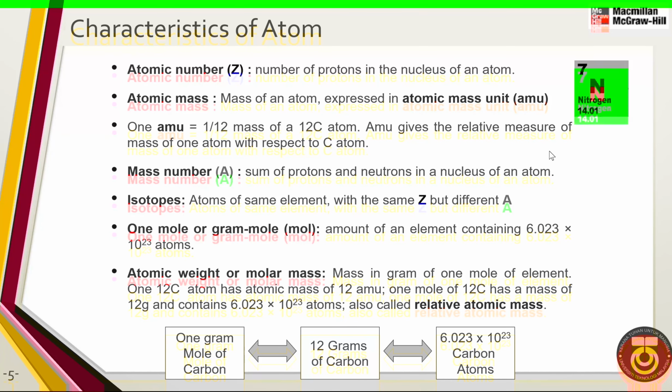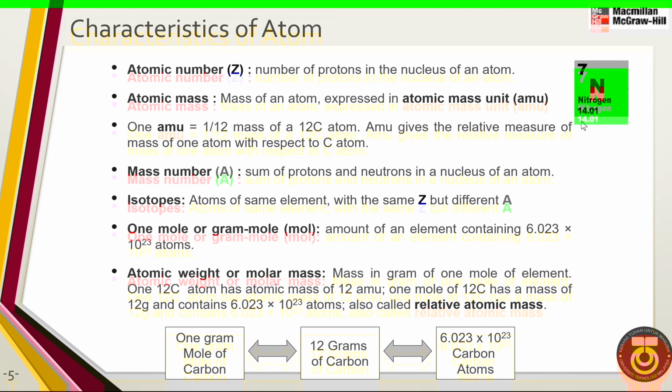So if I show you one of the elements in the periodic table, which is nitrogen, could you please tell me which one is the atomic number and which one is the mass number? Okay, so of course the smaller number should be the atomic number and the larger number should be the mass number, because the larger number represents the total number of protons and also neutrons.